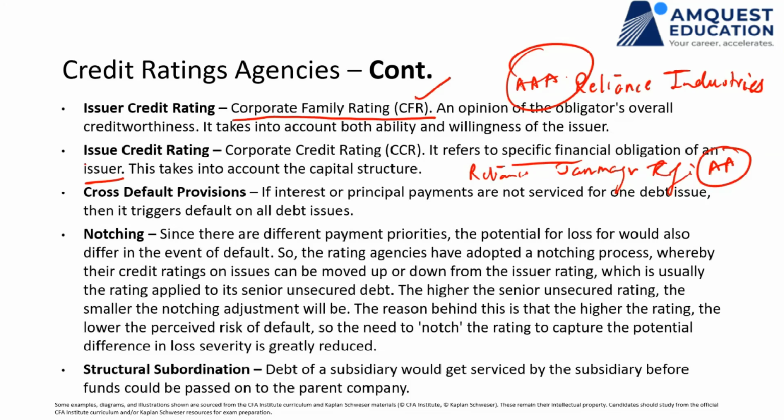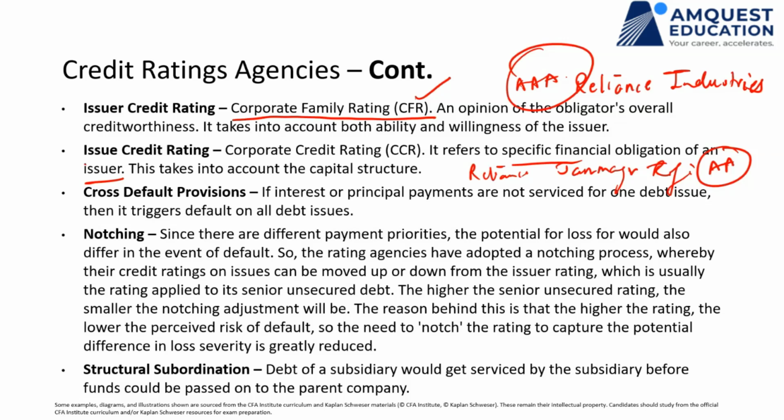Then there are cross default provisions. If interest or principal payments are not serviced for one debt, then it triggers default on all debt. Now, this is interesting. This is a type of covenant. If you remember covenants, we said covenants are rules and regulations which debt holders bring.